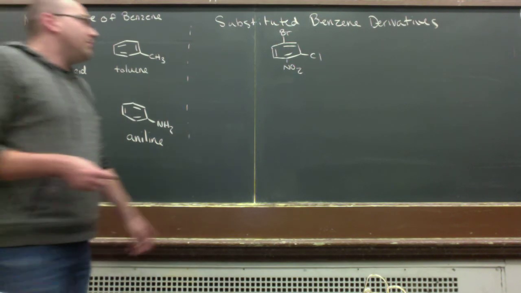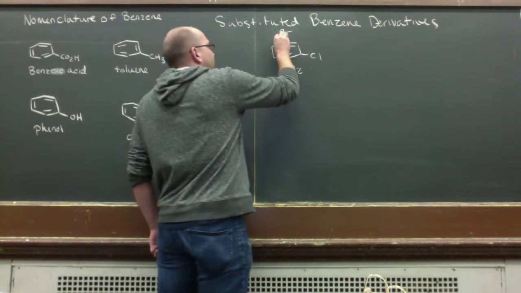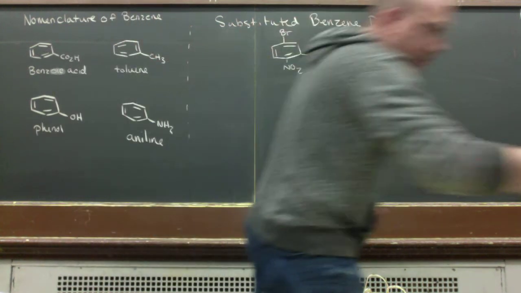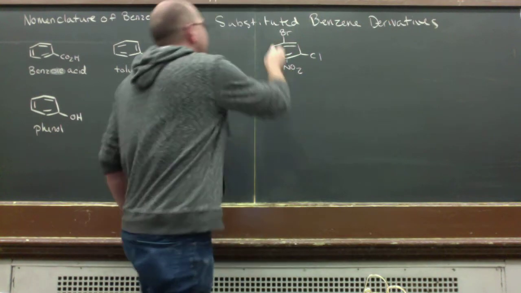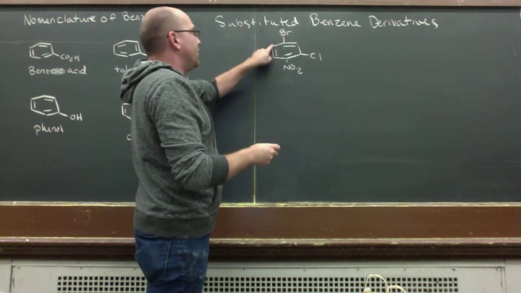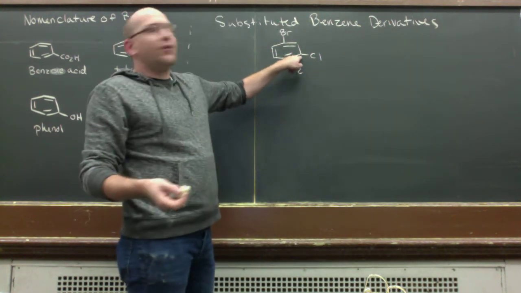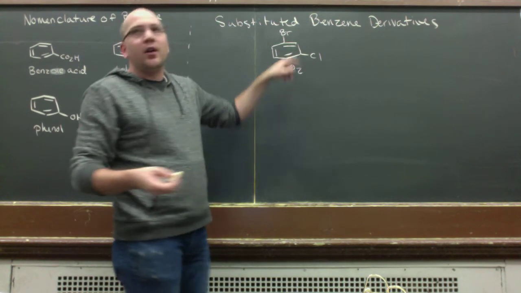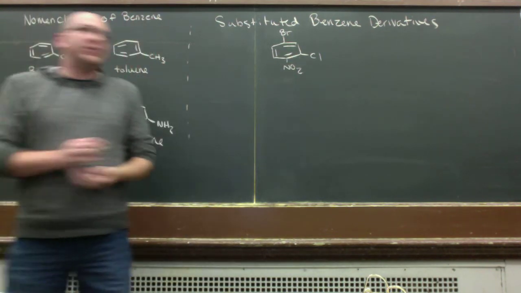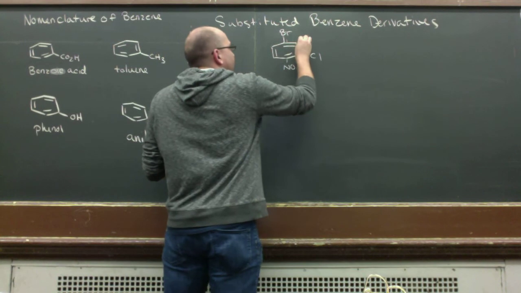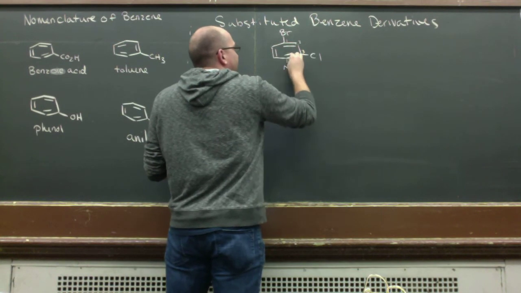What you don't want to do is, if we went this way, for example, and started numbering them 1, 2, 3, 4, 5 versus 1, 2, 3, 4, that's going to be the bigger set of numbers. We can imagine two numbering systems that keep the biggest number small.